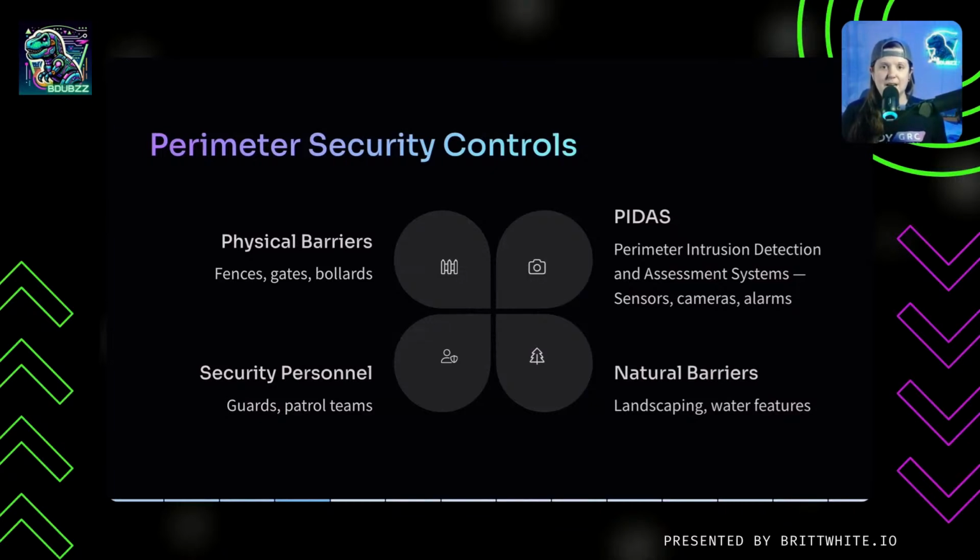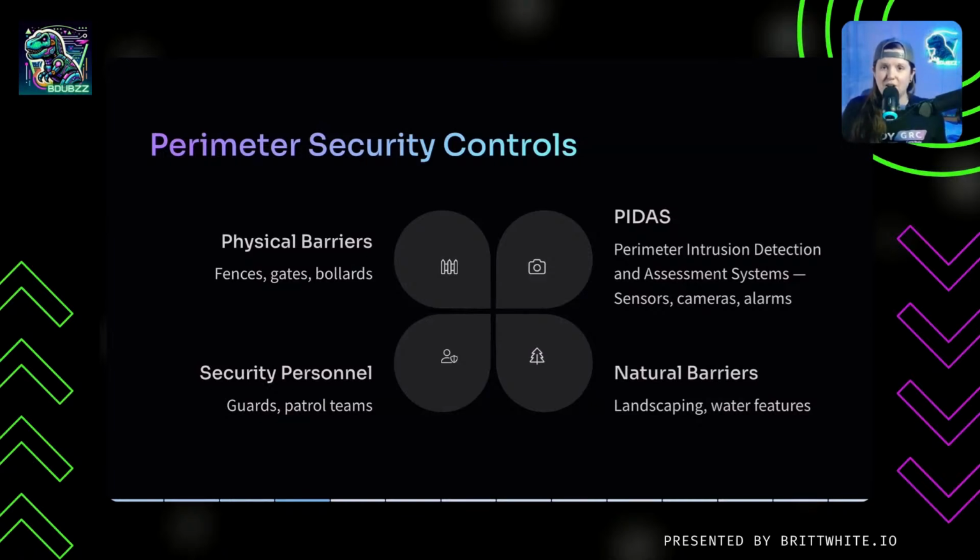Next up is the high-tech stuff, what we call PIDAS, or Perimeter Intrusion Detection and Assessment Systems. Think of this as your facility's nervous system. Your sensors detect movement. The cameras watch every angle, and then alarms alert security when something's not quite right. The third element are the natural barriers. You can use landscaping strategically for security.